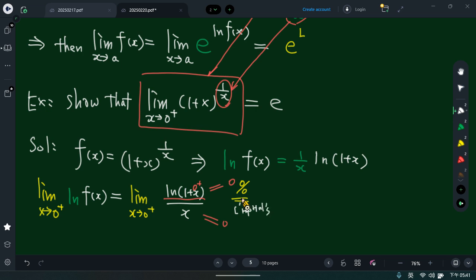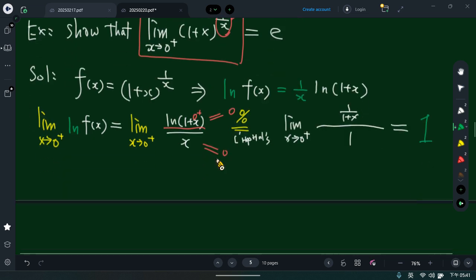So we get the limit as x approaches 0 plus, and we differentiate both functions. It will be 1 over 1 plus x, and also 1. So this will be 1. Finally, this limit will be 1.